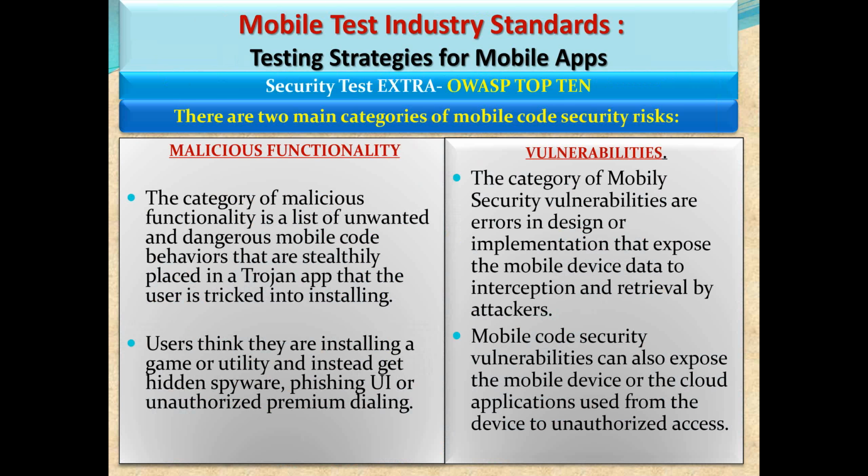And the second one is vulnerabilities, and this category of mobile security vulnerabilities are errors in design and implementation that expose the mobile device data to interception and retrieval by attackers. Mobile code security vulnerabilities can also expose the mobile device, or the cloud application used from the device, to unauthorized access. So we are going to go through each category.